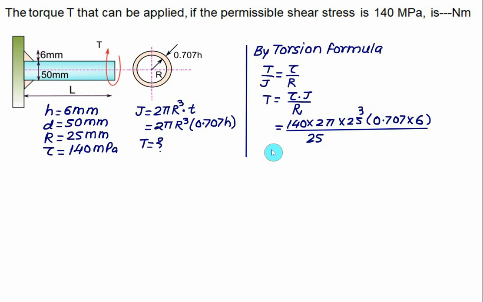So in this case we get a torque close to 2.332 into 10 to the power 6. The answer will be in Newton mm. So our answer is 2332 Newton meter.